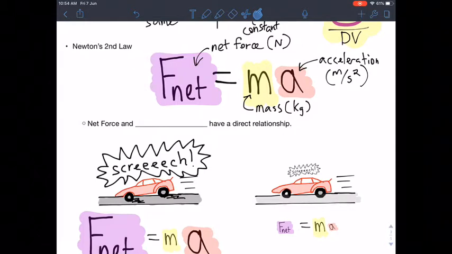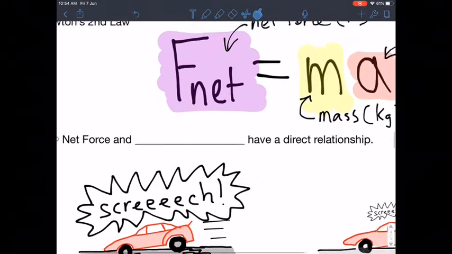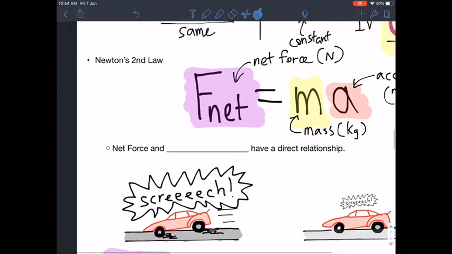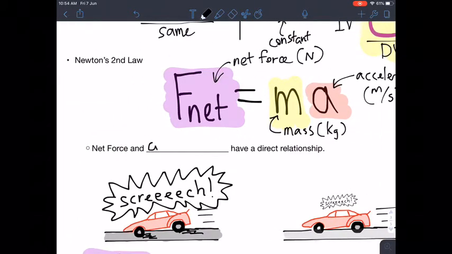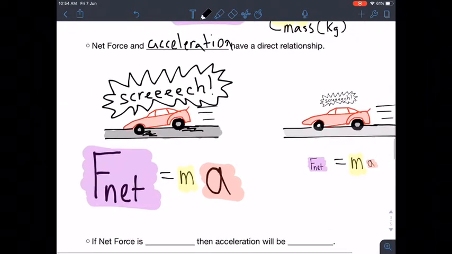As we mentioned before, any things that are on opposite sides of the equal sign are going to have a direct relationship. So, for example, net force and acceleration are on opposite sides of the equal sign, and so they have a direct relationship. Here's an example of that.